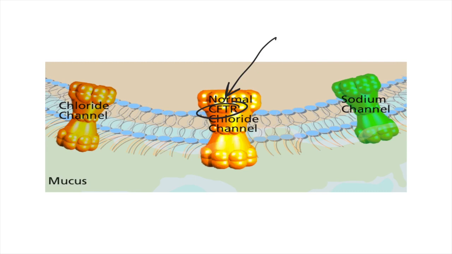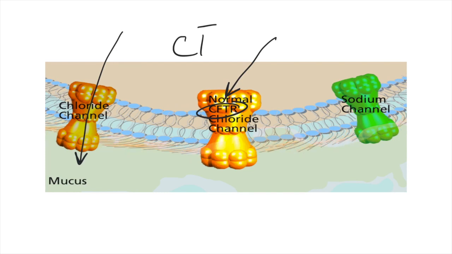It's responsible for the transport of Cl negative ions from inside the epithelial cells into the mucus. So chloride ions will pass along these channels into the mucus, and you could see that the ciliated cells nearby are the ones responsible for pushing the mucus away.